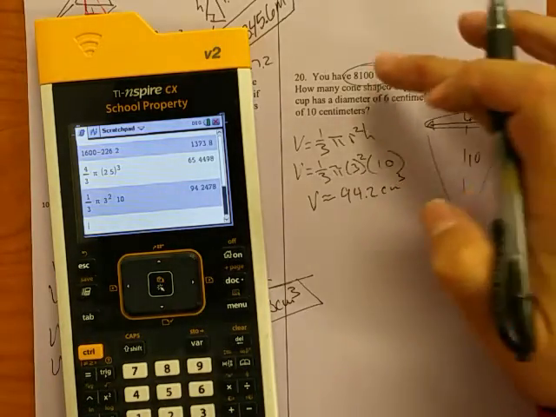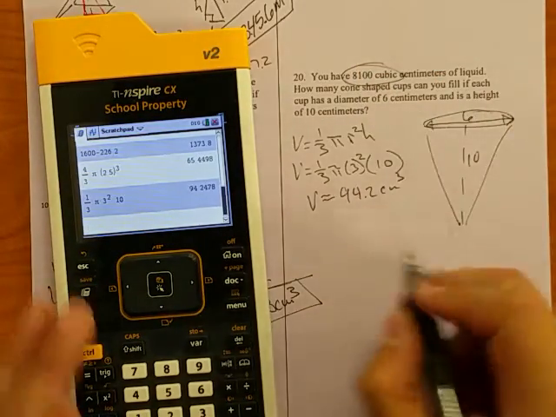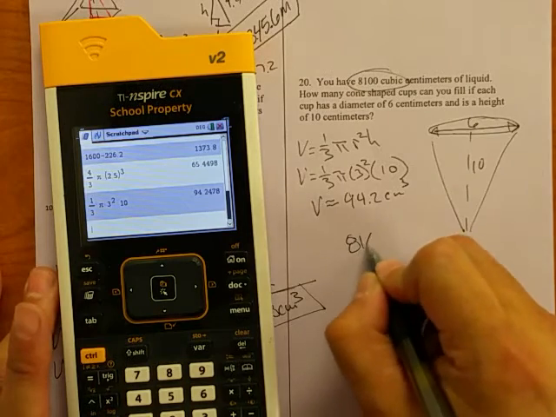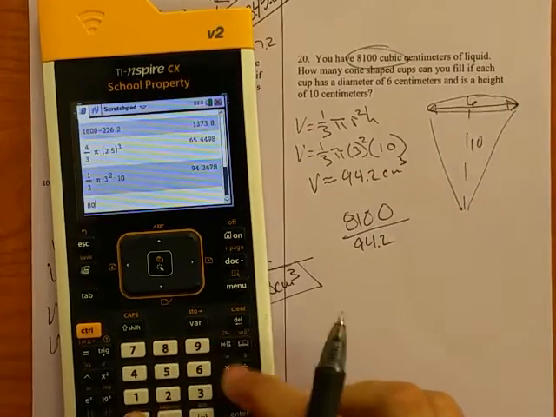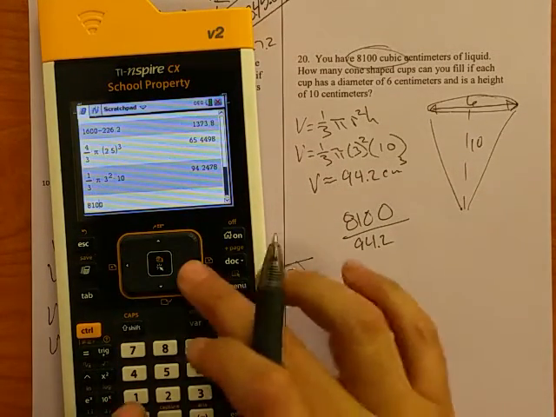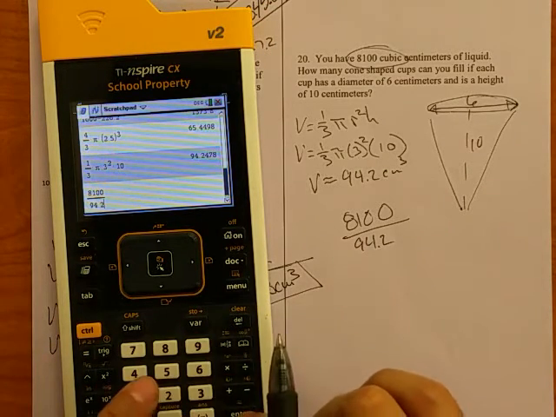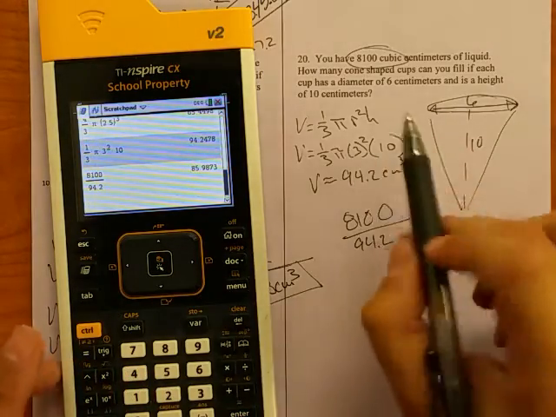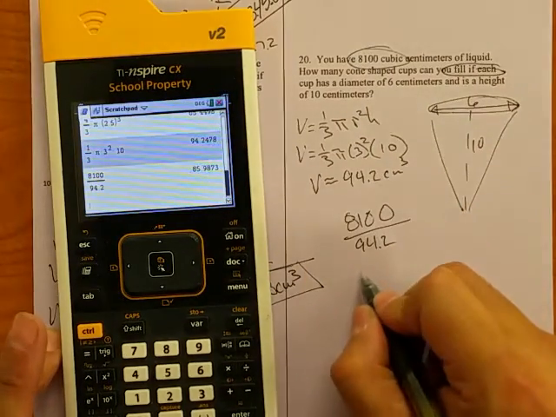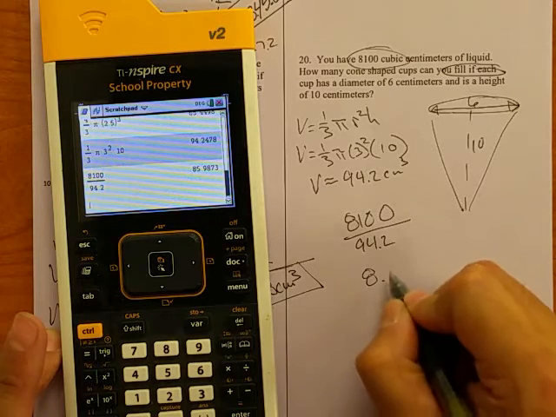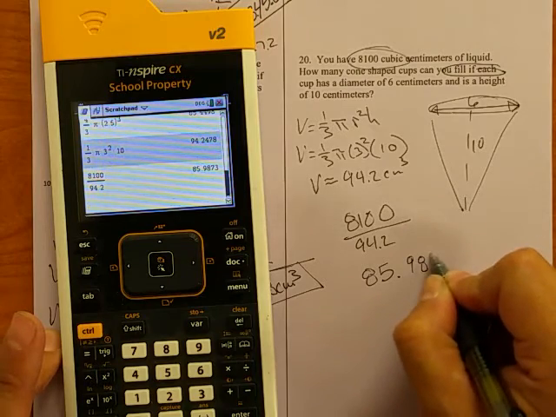Okay, so now how many cups will this fit? So now I have this, so I'm going to divide it by that. That's going to give me the total number of cups. So it's going to be 8,100 divided by 94.2, and it will fill, it's going to come out to be 85.9873.